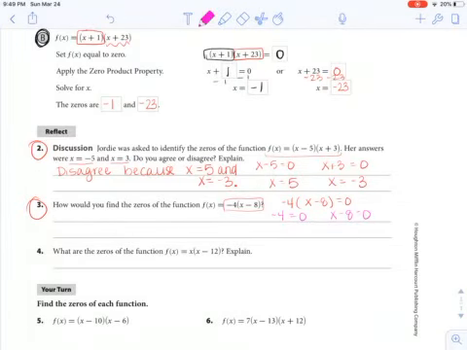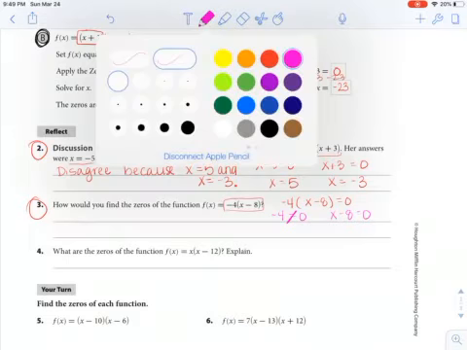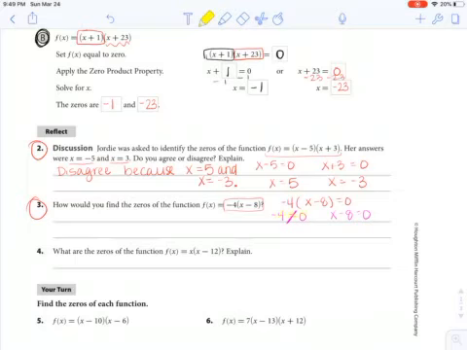We know that negative 4 will never equal 0, so we don't need to worry about this one. If I continue on with x minus 8, we add 8 to both sides, and x will be 8. So for number 3, 1 solution.